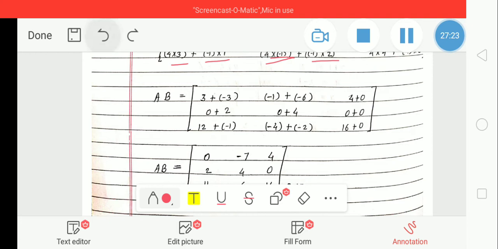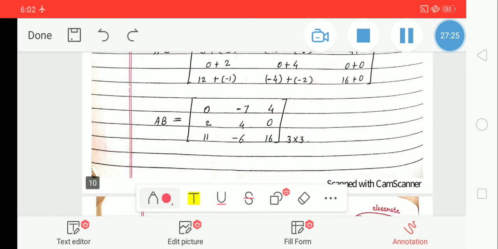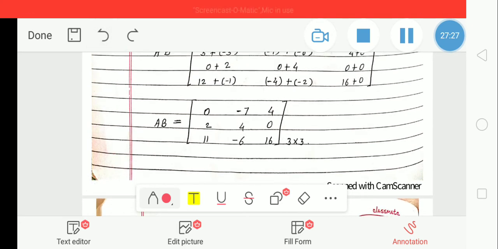Now we add, so we get AB is equal to, means A multiplied by B is equal to 0, minus 7, 4, 2, 4, 0, 11, minus 6 and 16. This is a 3 cross 3 matrix.